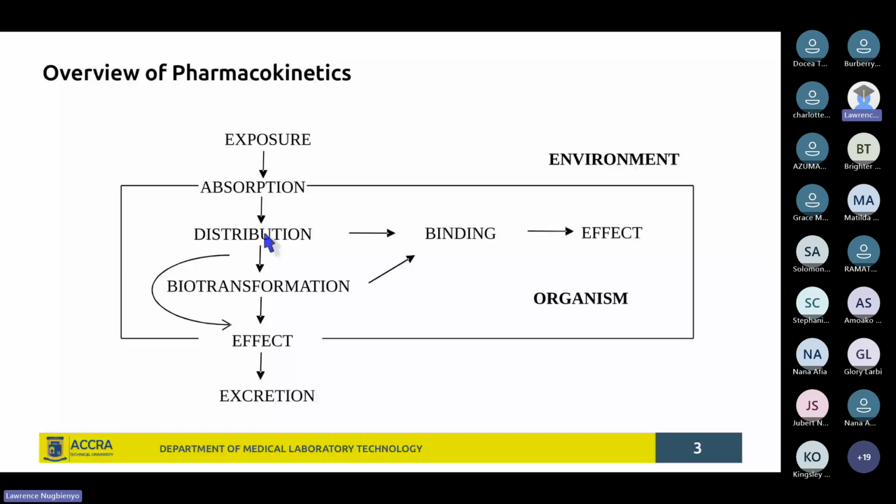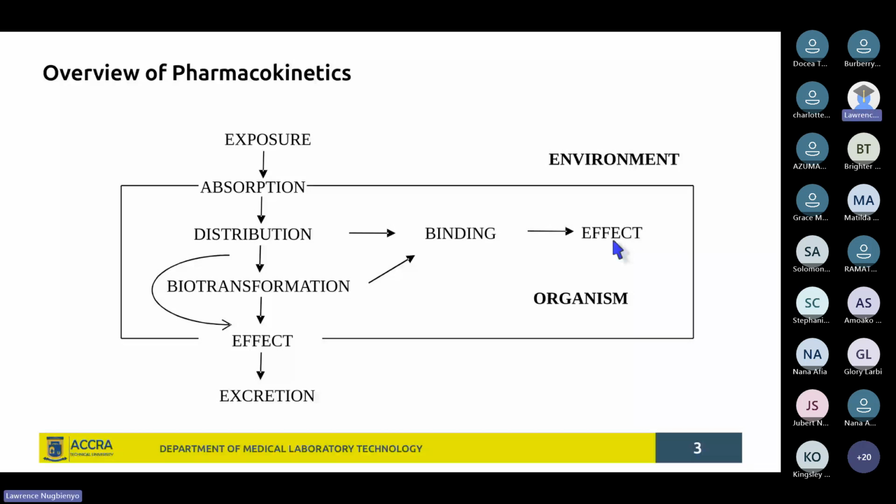All right. So after I have the drug getting distributed, you can have the drug binding perhaps in the bloodstream. It can bind to some blood proteins like albumin, for instance, or maybe even the tissues. It can bind to some tissue cells before it will have an effect, whether it is a therapeutic effect or a toxic effect inside the organism.